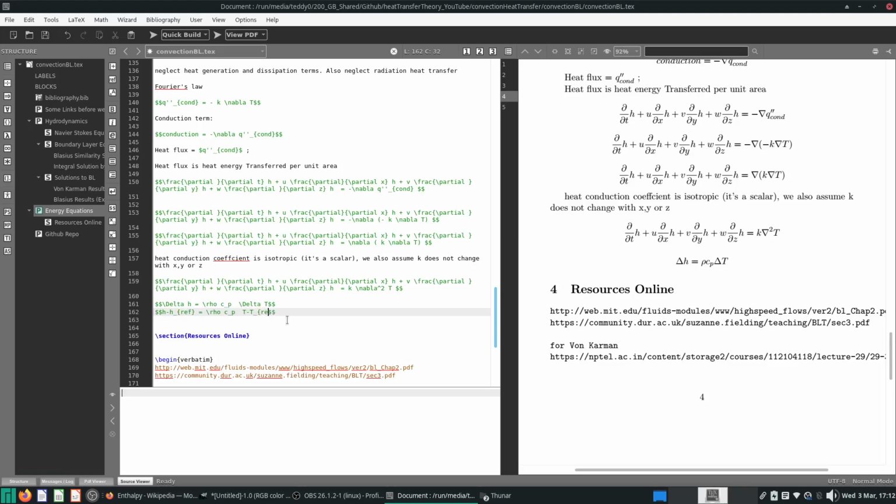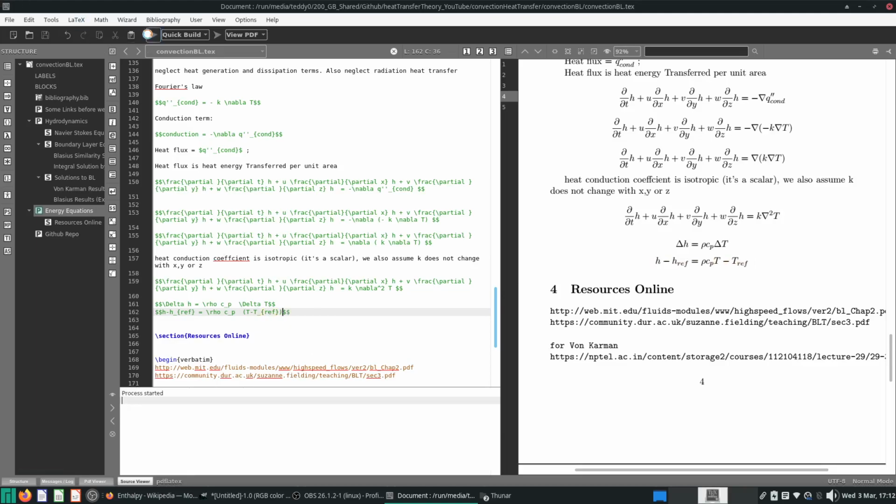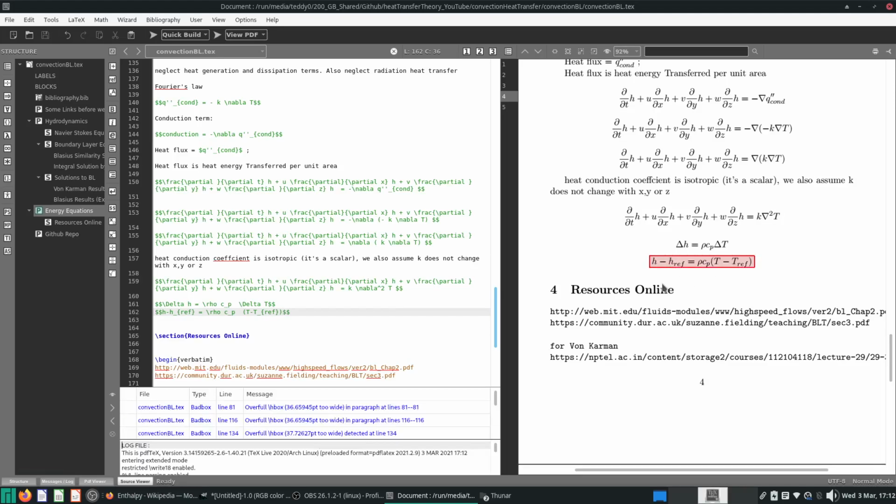For these intensive variables, we consider a reference temperature. And this is the correct way, I mean the fuller way.